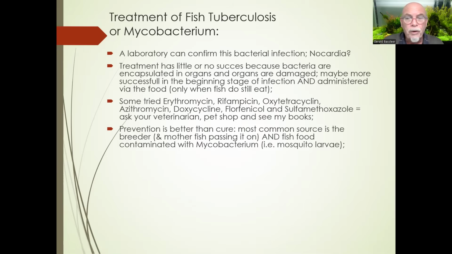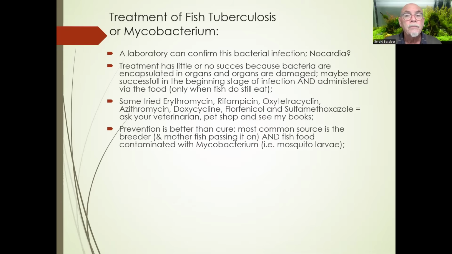But for fish tuberculosis, I always think about why it happened. How come this infection occurred in my fish? So I can learn lessons from it. Because prevention is better than cure. The most common source of this infection is the breeder. It's the mother fish, the betta female, that passes on the mycobacterium through the gonads directly to the eggs of the fish.